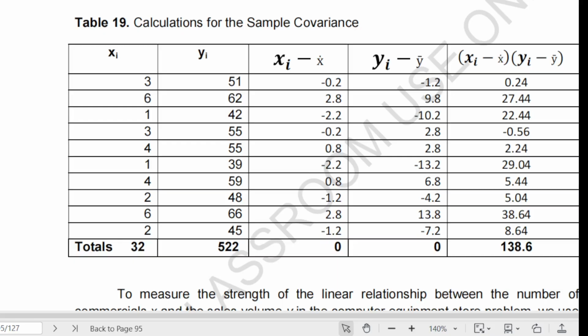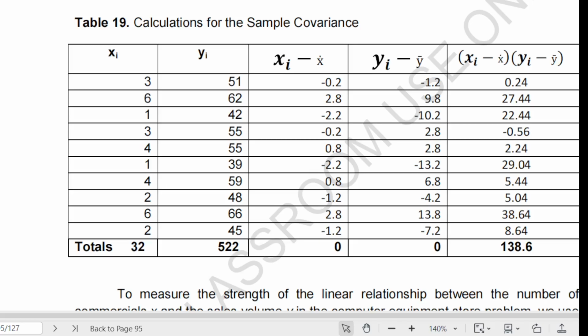And here we subtract the mean from each xi. The total is 32, divided by 10, so the mean is 3.2. So that is 3 minus 3.2, which is negative 0.2.